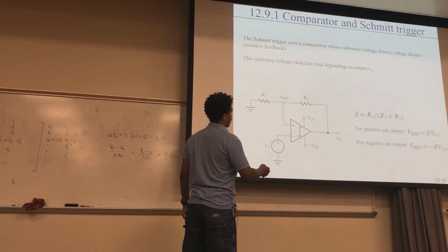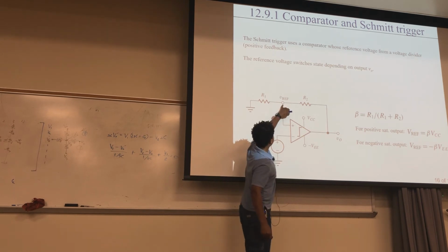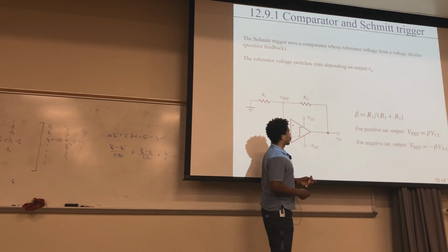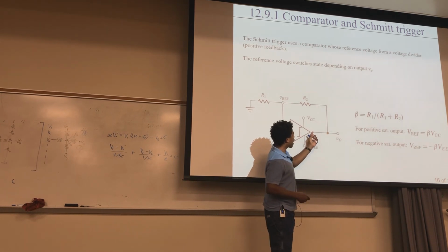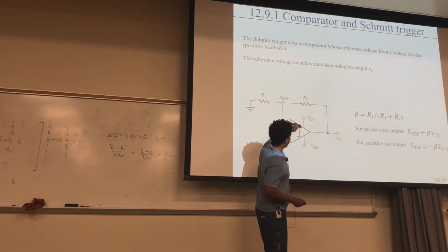Okay, so what that means is that let's call this beta right here, just R1 by voltage division, R1 divided by R1 plus R2. We're going to use that for this, where here's R1 and R1 plus R2. So if your output is positive for this comparator, it's going to saturate up to here.